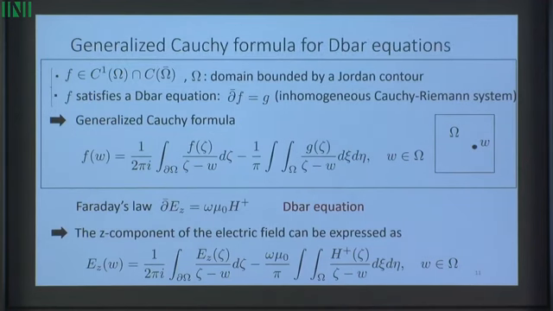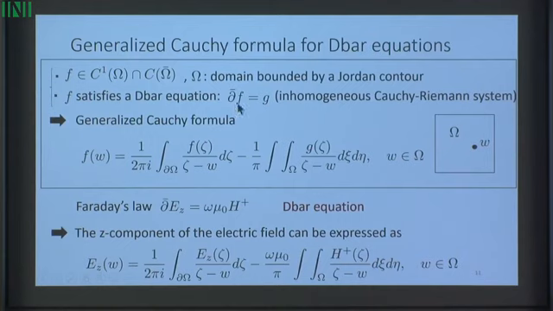For the d-bar equation, the generalized Cauchy formula holds, as you know well. Let F be in this class, and let omega be a domain bounded by a Jordan contour. In our case, omega is an arbitrary domain, a region of interest, arbitrarily taken on the slice of the body.